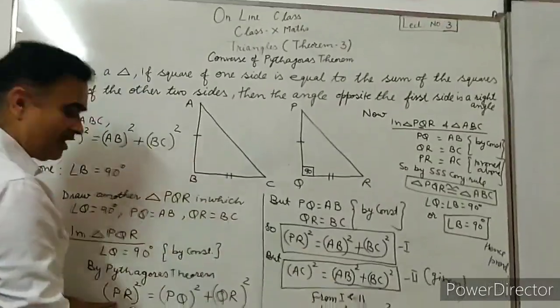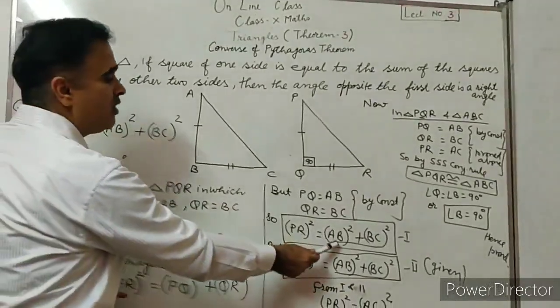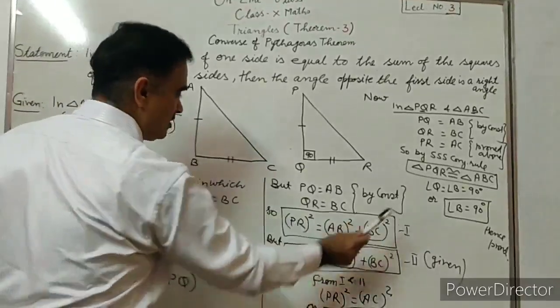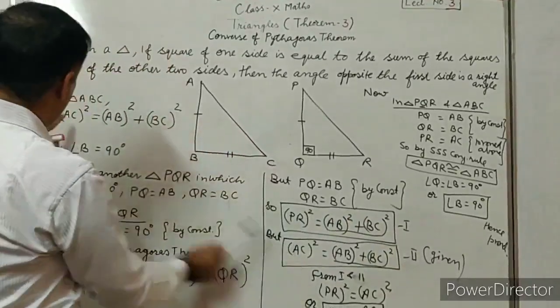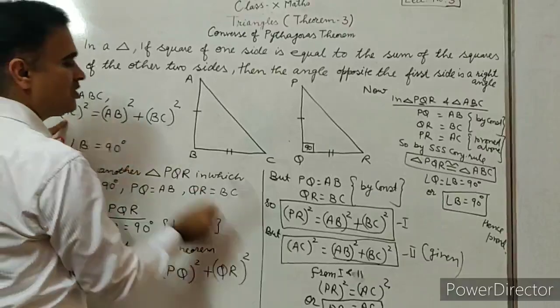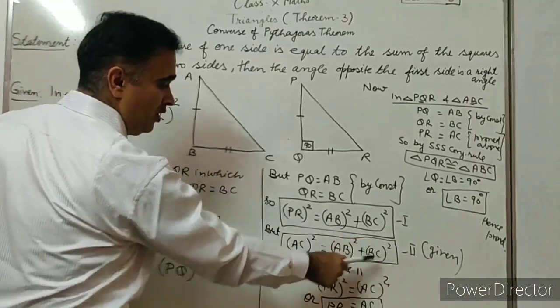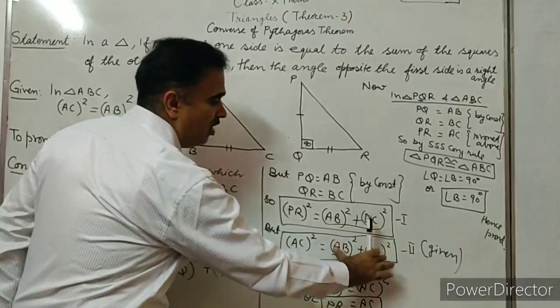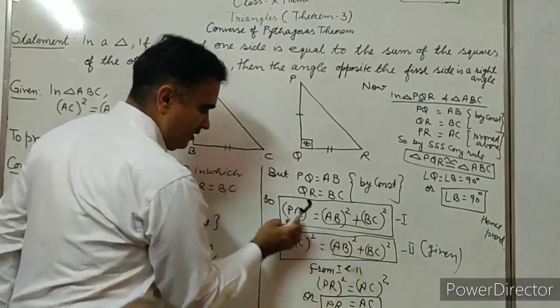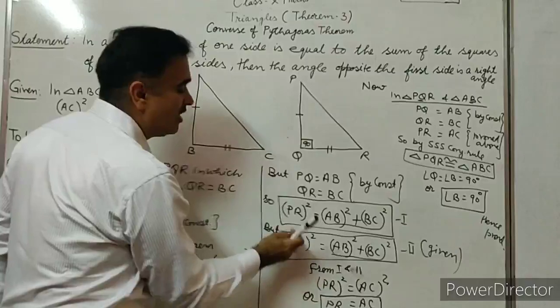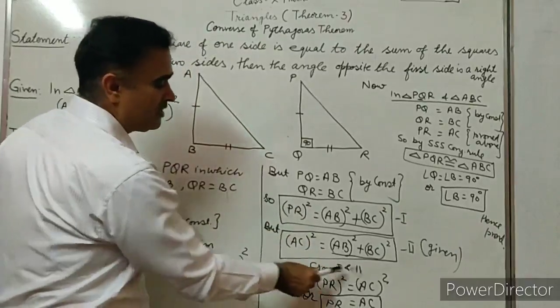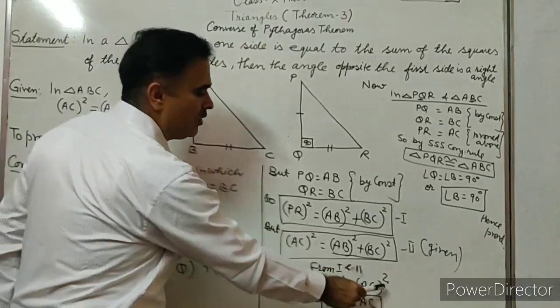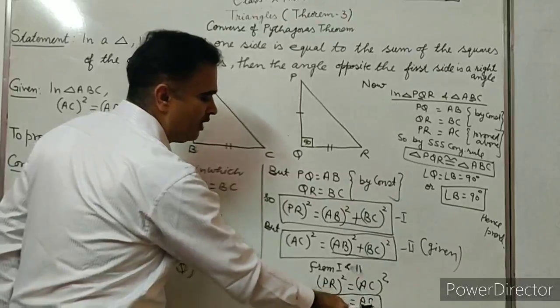Then it becomes PR square equal to AB square plus BC square. This is first. But AC square equal to AB square plus BC square, it is given to us. From first and second, the right hand sides are equal, then the left hand sides are also equal. So PR square equal to AC square, or PR equal to AC.